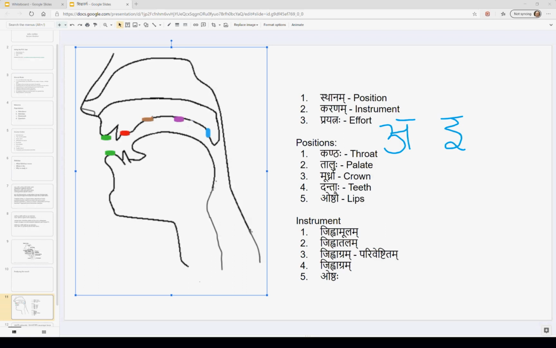It is a swara, but not a pure swara because it is a combination. In Sanskrit this is called sandhakshara, sandhi and akshara.